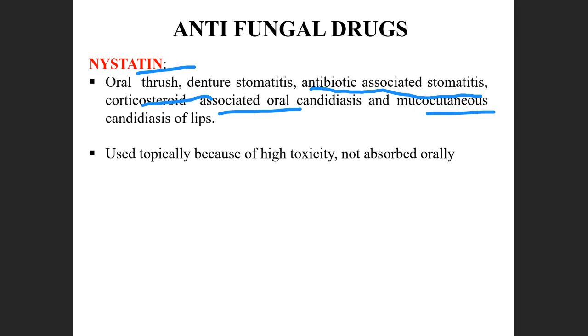It is used topically because of high toxicity and is not absorbed orally. So in the case of oral thrush, it is rinsed in the mouth and then spat out.